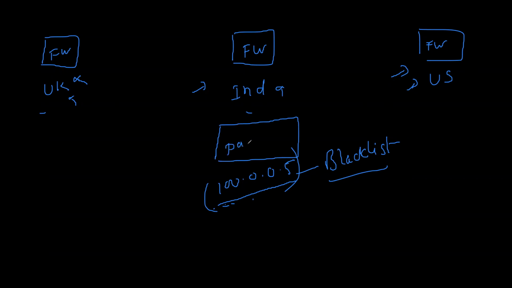If you have Panorama, you can integrate all these firewalls into Panorama. If you need to blacklist this IP, you just log in to Panorama. From Panorama, you can choose the policy template of the UK firewall, block it there, copy the rule, put that rule in the India firewall, copy the rule, and put it into the US firewall.